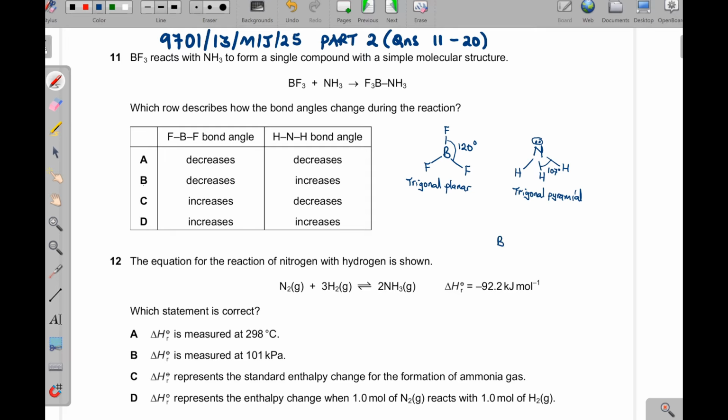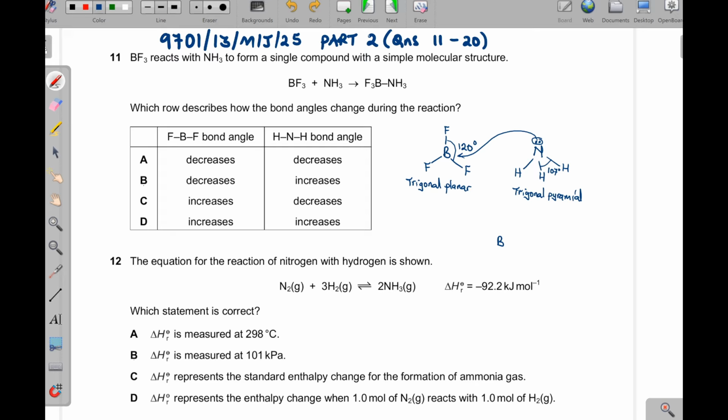Now, when these two react, what is going to happen? This one will donate its lone pair of electrons to that. Are we there? When it donates, there is going to be a bond formed, and now they become 4. So there will be 4 for ammonia. There will be 4 for this one, boron trifluoride, for boron there.